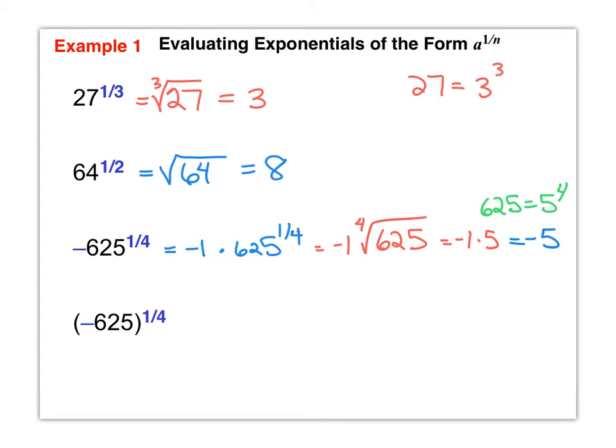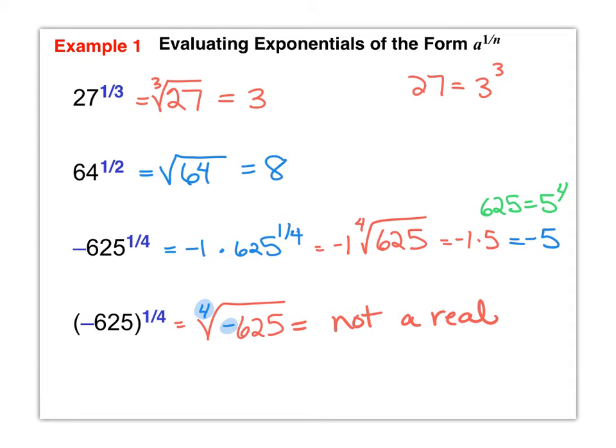Now the last example looks very much like the first. However, we have the quantity negative 625 in parentheses. So we can think of this as the 4th root of the entire quantity, negative 625. Now we say that since the index is an even number and the number under the radical, the radicand, is negative, this is not a real number.